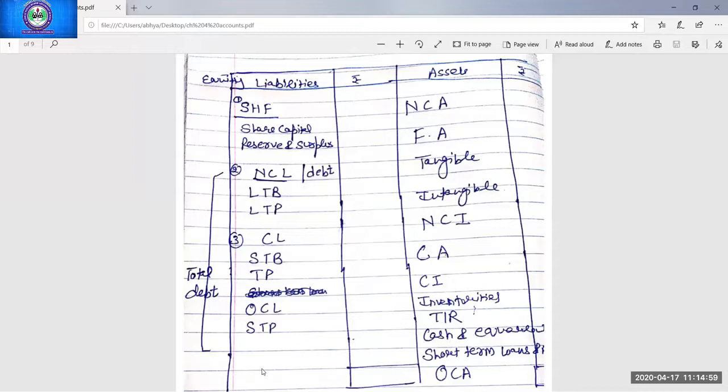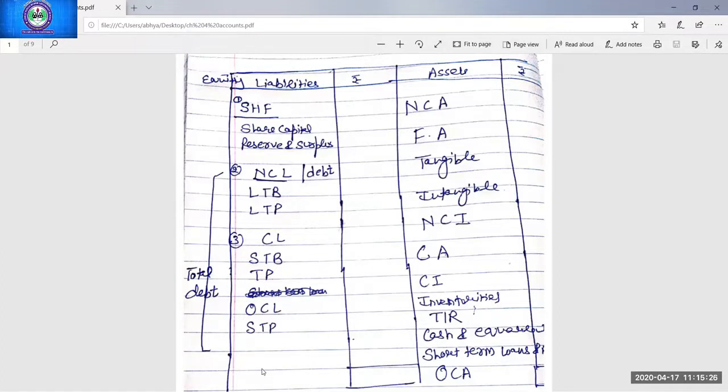Second major head, non-current liability. You have to learn all the alternate names which I'll be telling, because in a numerical question any alternate name can be given. So non-current liability, the alternate name is debt. Earlier we were studying 4 subheads.